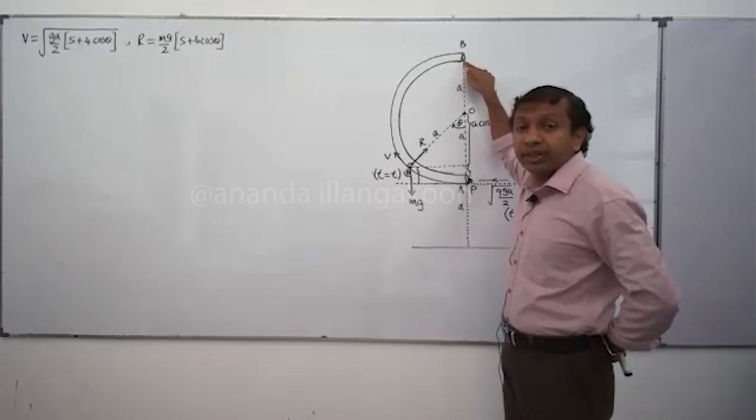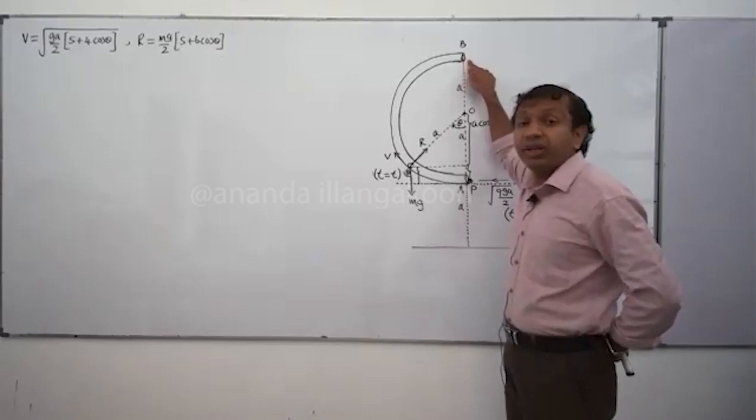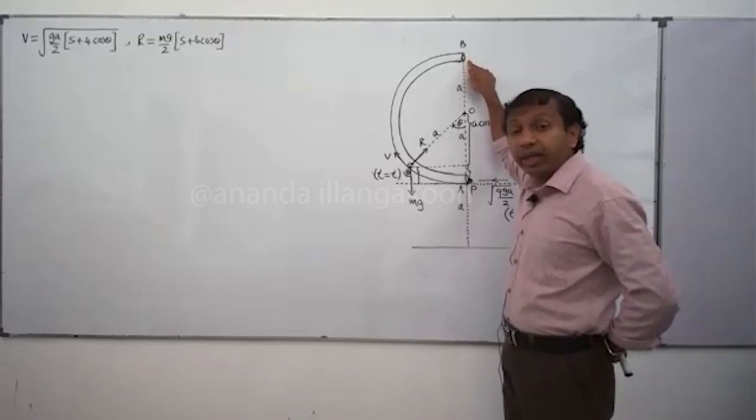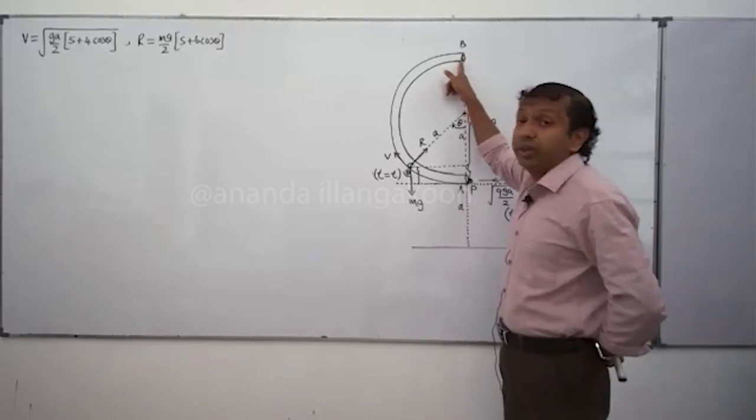If the particle has positive or zero velocity at the point B, definitely the particle can reach the point B. That means the velocity of the particle should not become zero until it reaches the point B.